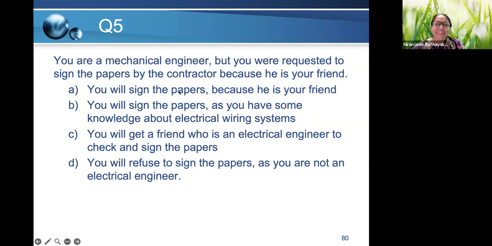Yeah, it's C, and C or D, but I would go with C, because you have a friend who is an electrical engineer to check and sign. You're not signing after he checks. So an electrical engineer to check and sign the papers, that will be the best if you can find someone, isn't it? You will refuse to sign the papers as you are not an electrical engineer.